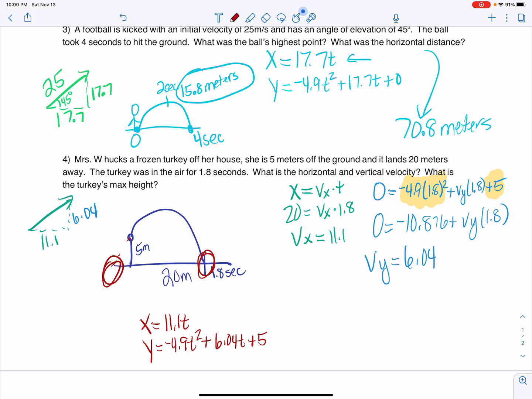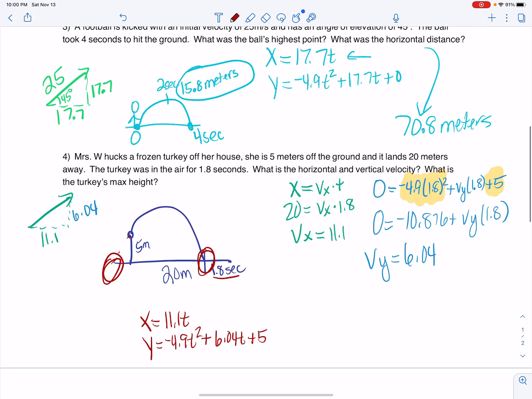So I'm going to go into my menu, algebra, polynomial tools, find roots, negative 4.9, 6.04, and 5. One of my roots is actually 1.799, which is 1.8, which is good because that means I did this right.